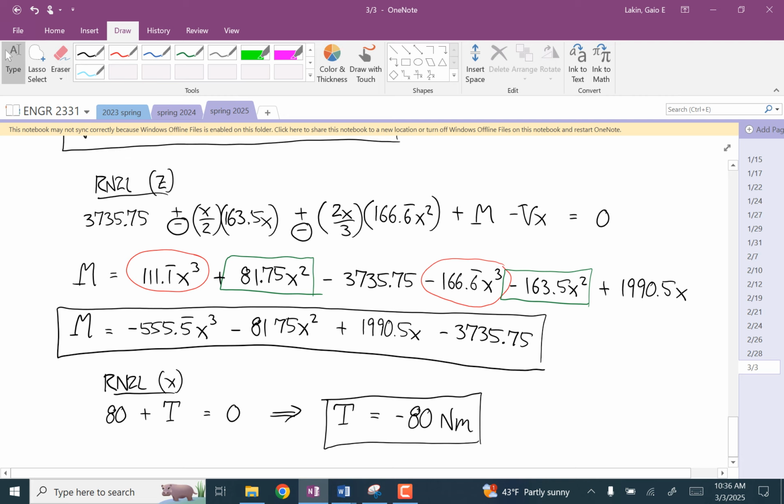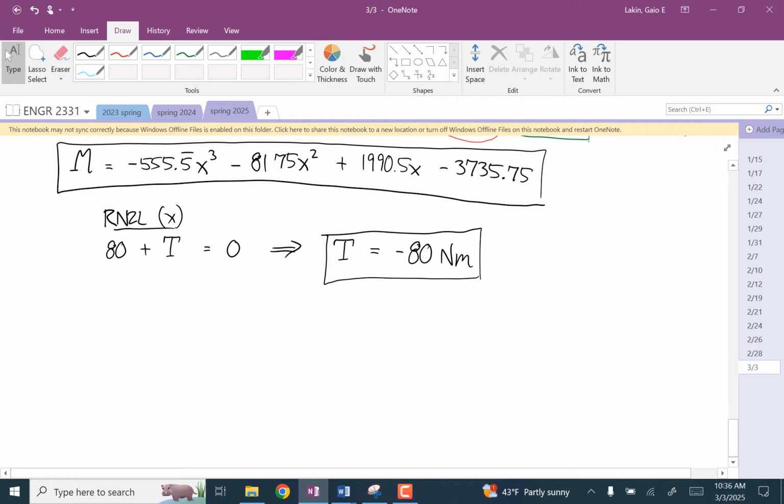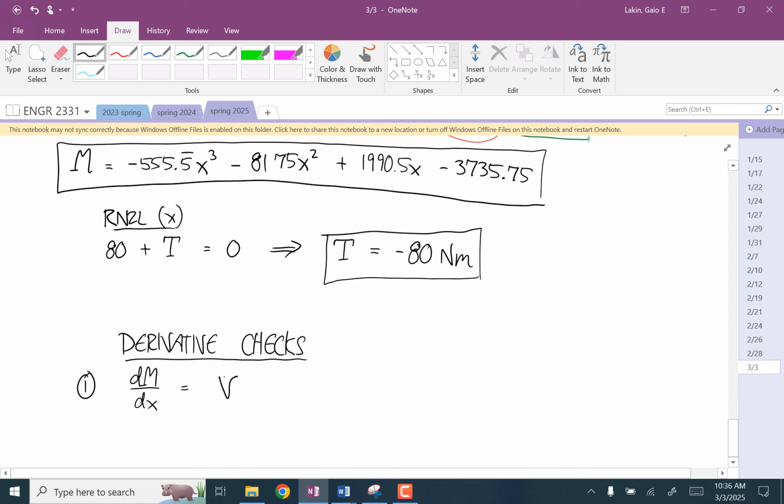Okay, what was I going to say? Oh, so now let's do the derivative checks. So the derivative checks say dm dx is always equal to v.